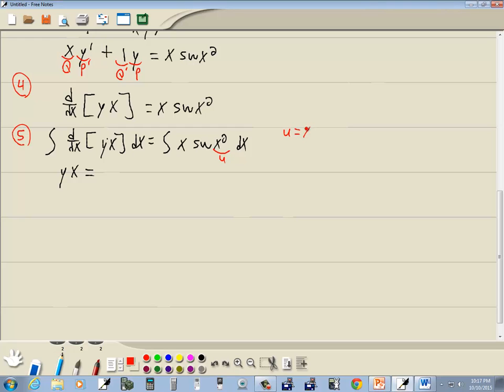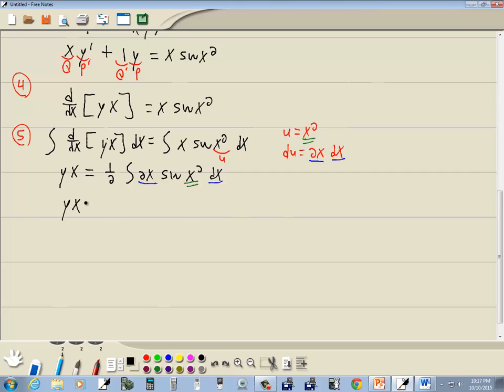So u is equal to x squared. Du would equal 2x dx, which means I need a 2 inside, and I'll offset it with a 1/2 out in front. So I got 1/2 there, and then I got 2x sine x squared dx. Now notice we now have 2x dx, which matches 2x dx, and the x squared here, of course, matches our x squared here.